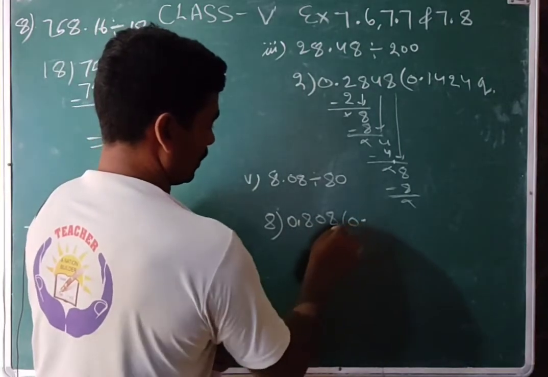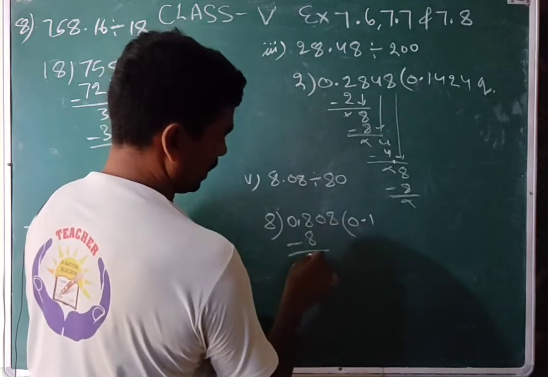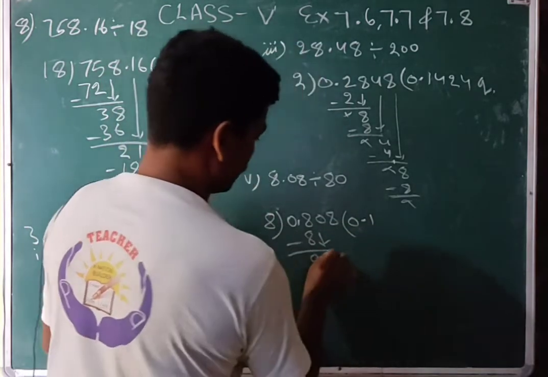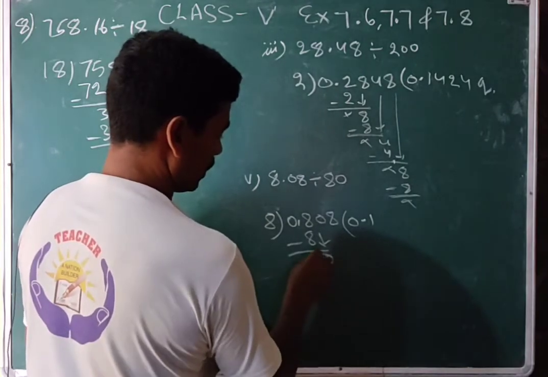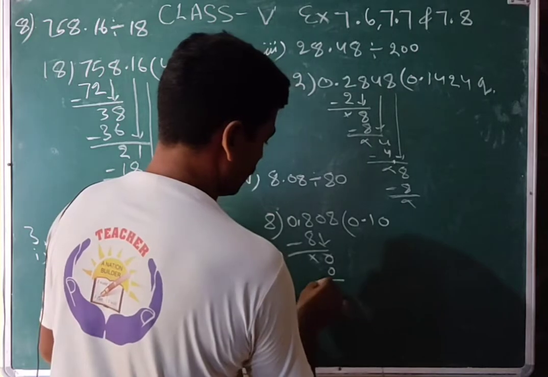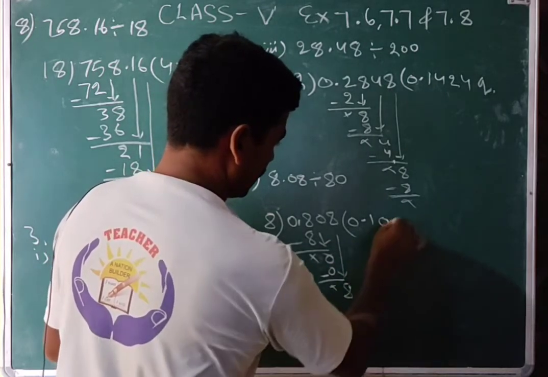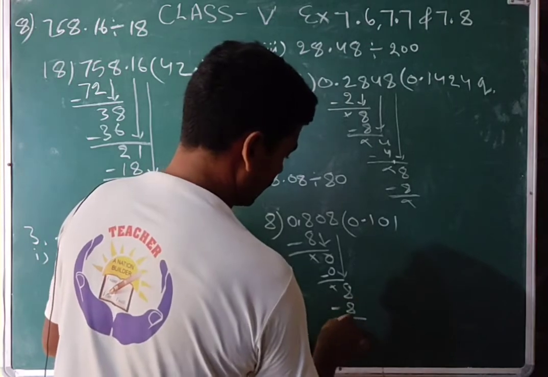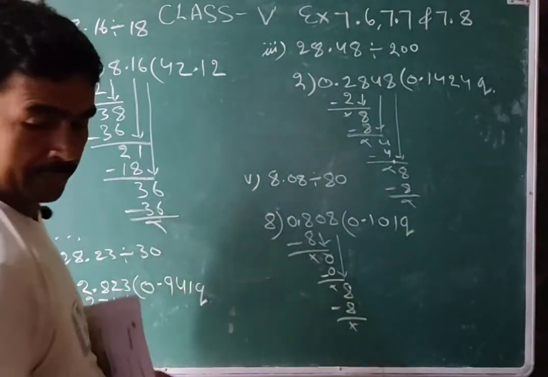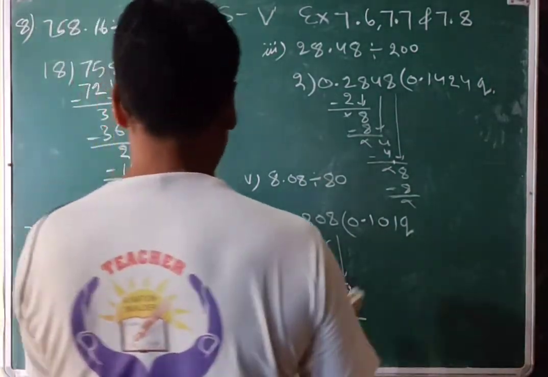So 0.1 ja 8, and then nothing is left, so that is 0, nothing is left, 0, so 8 0 ja 0, nothing is left, and then 8 1 ja 8, nothing is left. That is the quotient, right? And the other part you can do very easily, no problem will be there.